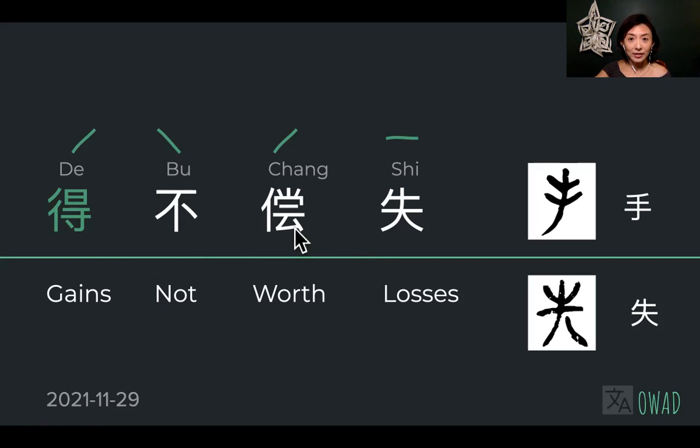has 2 parts. It has the sound maker and the meaning maker. The sound maker is this person transformed. So we know person in its full form is written like this, 2 strokes sideways, kind of supporting each other.